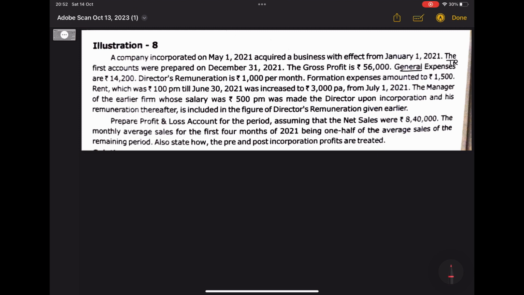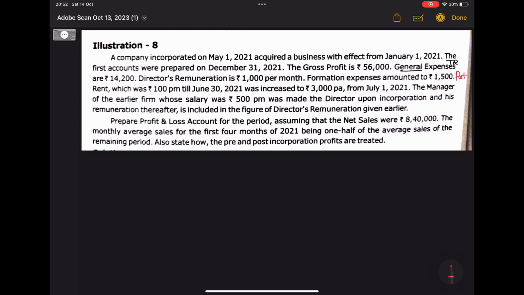We are not going to pay them the remuneration. So after incorporation only, which means post incorporation period, we are going to pay them the salary. Next, formation expenses amounted to rupees 1,500. This is also fully related to post incorporation.